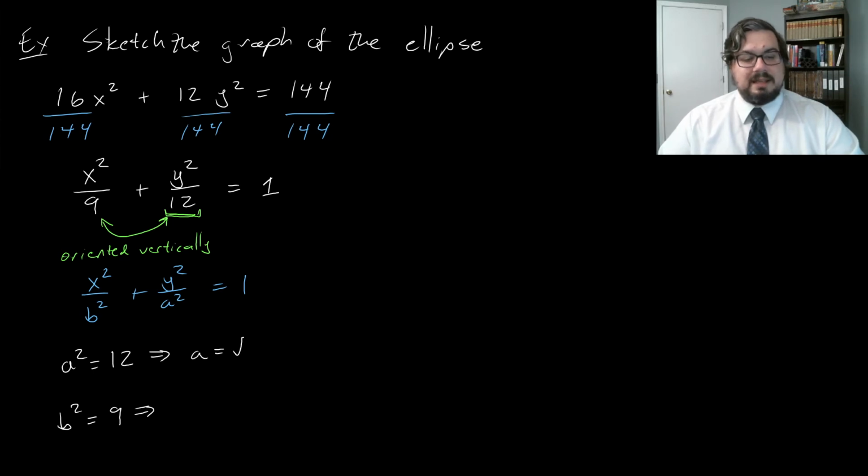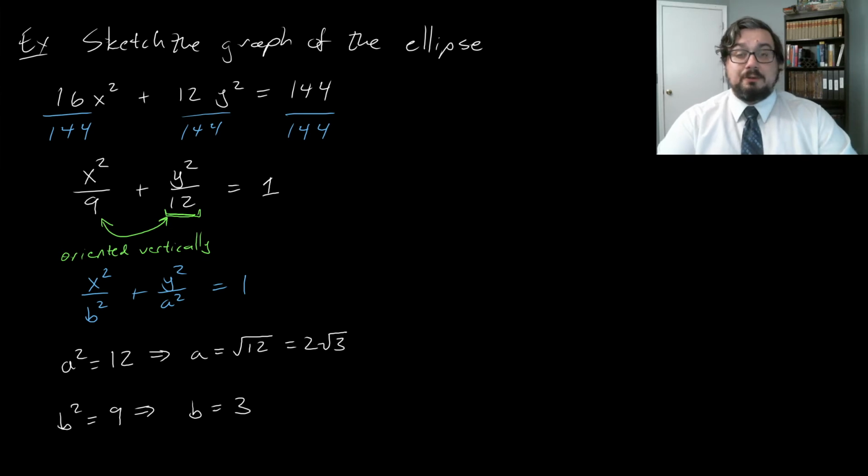So that means that a is going to be the square root of 12, which we can simplify to 2 times the square root of 3. And to say that b squared equals 9 means that b is equal to 3. We have that, we can determine the vertices of the ellipse.